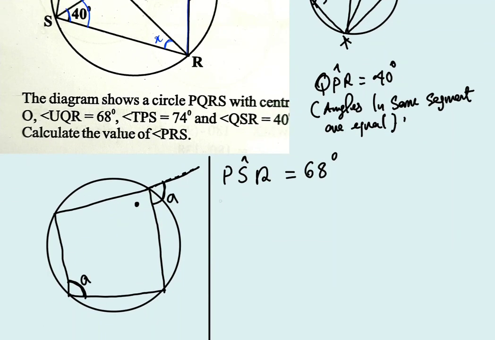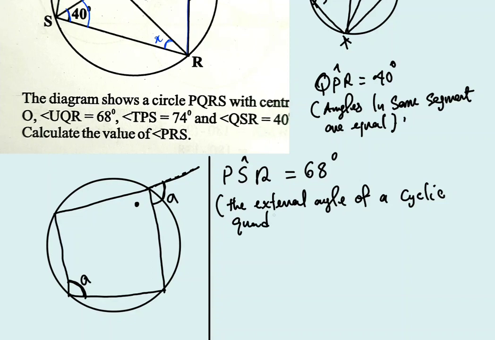And if you ask me, I will tell you the reason is that the external angle of a cyclic quad is equal to the opposite internal angle. So I've gotten that.